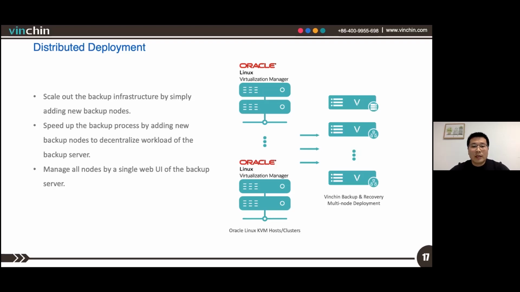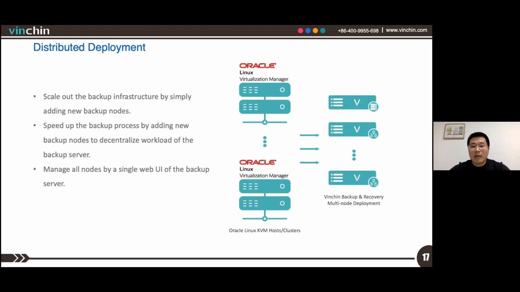And the distributed deployment can be applied to medium to large scale Oracle Linux virtualization environments. It also ensures the scalability of the backup infrastructure for the future growth of your business and the virtual infrastructure. So multiple Vinchin backup nodes can be deployed with a single Vinchin backup server to speed up the backup process by decentralizing workloads from the backup server to the backup nodes.